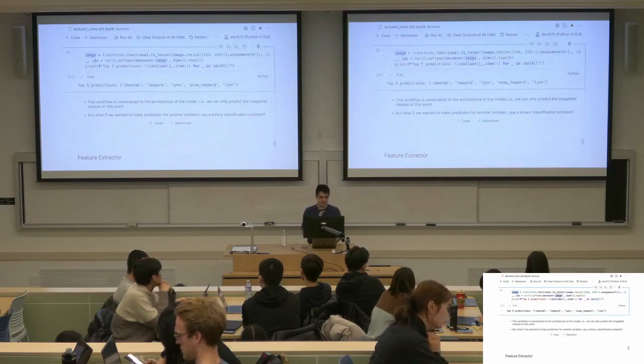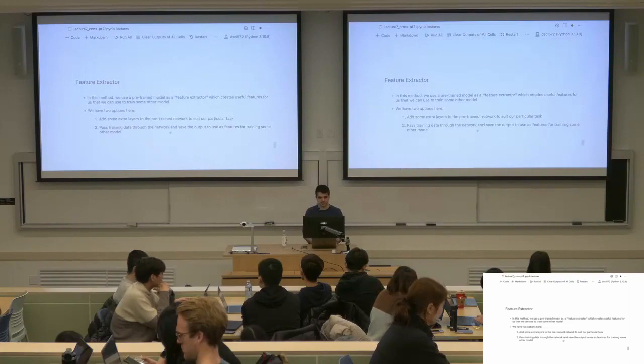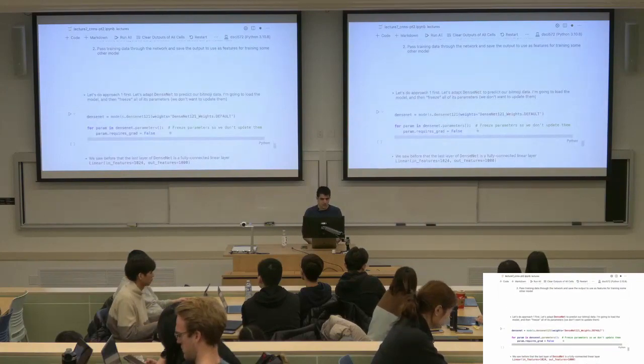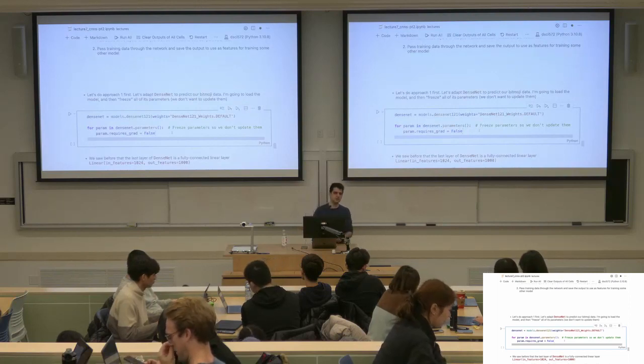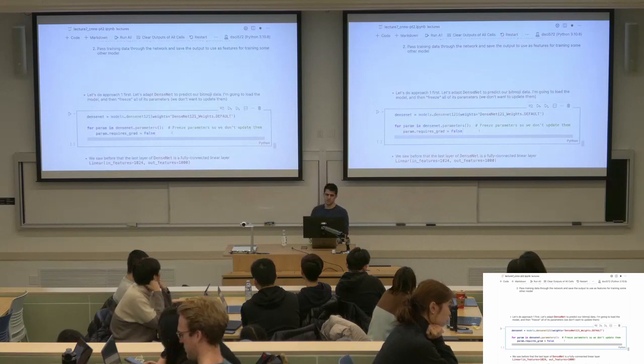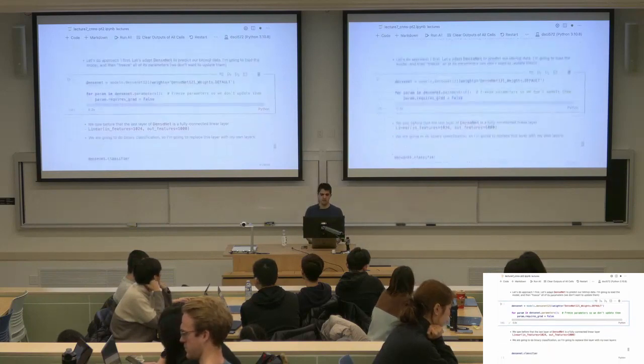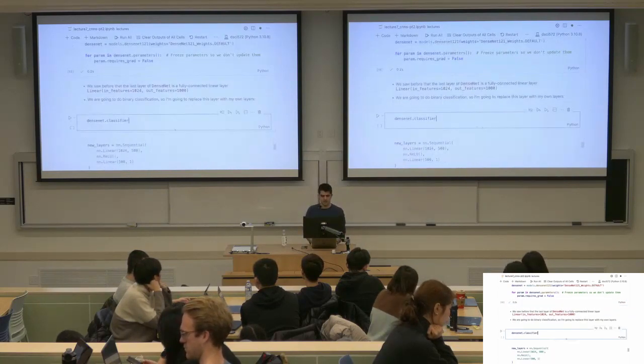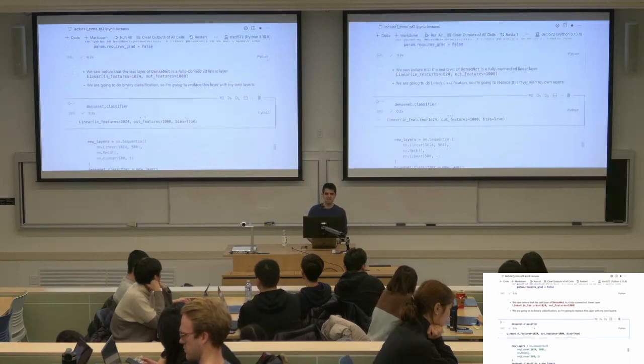Okay, so this is using the model as is, and then we can use it as a feature extractor, just like I mentioned. The way that we can do this is that, first of all, we freeze all of the parameters in the model so that there is no gradient computation updating of the weights. Okay? And then we're going to replace this classifier with our own classifier layer.